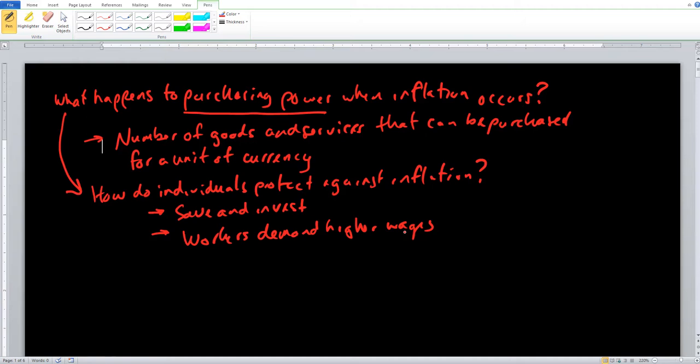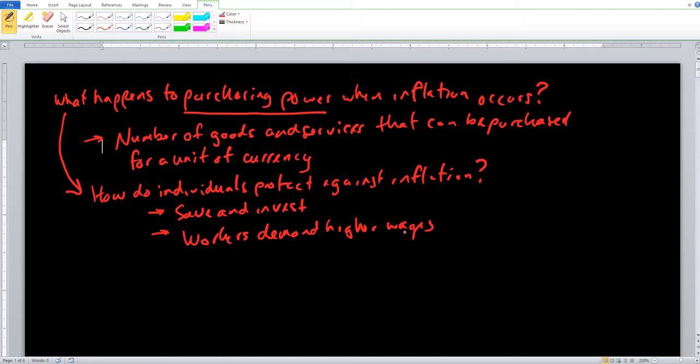Your purchasing power has declined. So every single year we should be going to our employers and asking for wages that at least match the pace of inflation in order to maintain our purchasing power. Inflation does happen within the United States and all across the country as well. So we do want to save and invest, and ask for raises every single year.